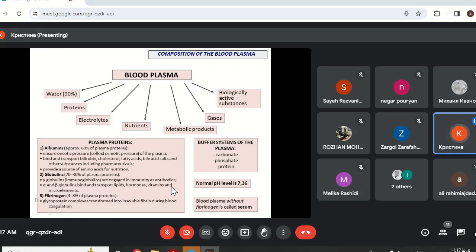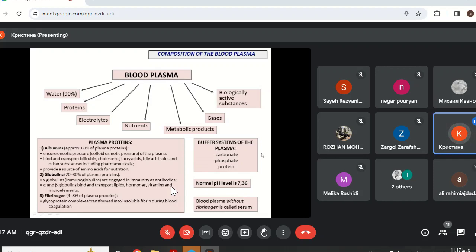And the third class of plasma proteins is fibrinogen, a glycoprotein complex which is transformed into insoluble fibrin during blood coagulation. So it serves for blood coagulation and clotting.